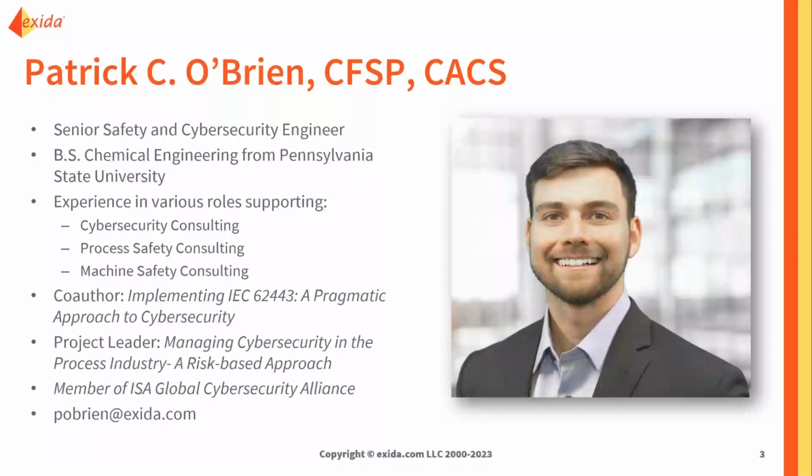But there are still a lot of differences, and it's not a one-size-fits-all approach where we can just take everything from the process approach and expect that will give us good results on the machinery side. And so we'll talk about maybe some of those areas where we can take advantage of what's already there, and then some areas where it's really important to understand the differences for machine safety and some of the keys of making sure that it gets implemented in a robust manner.